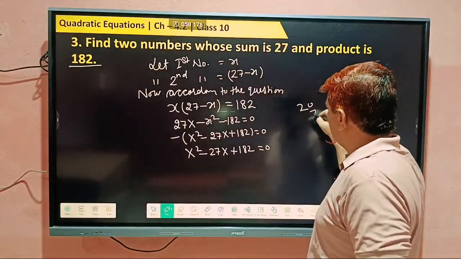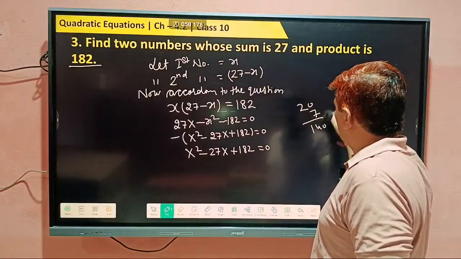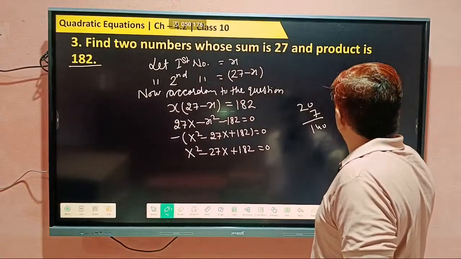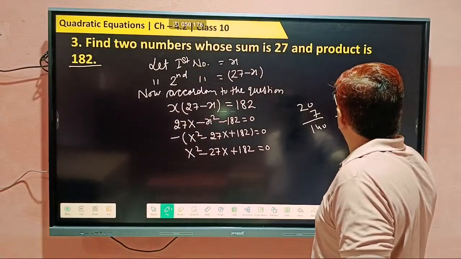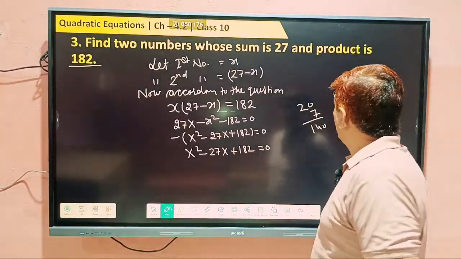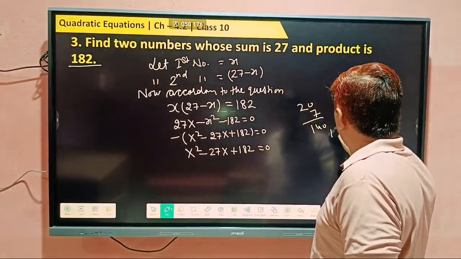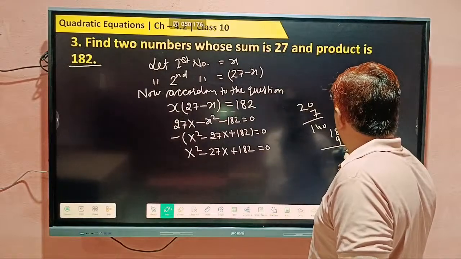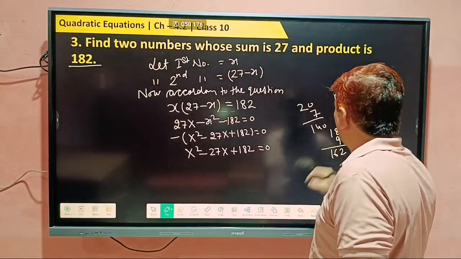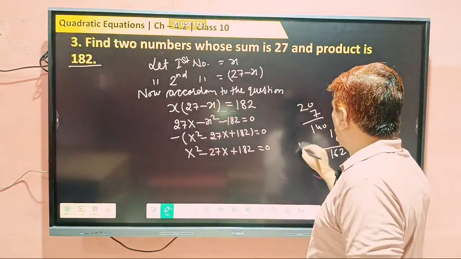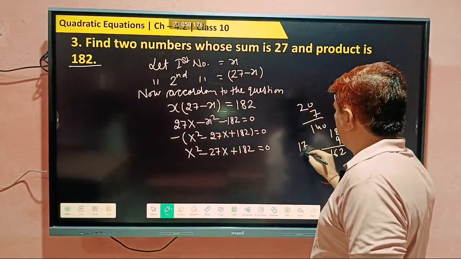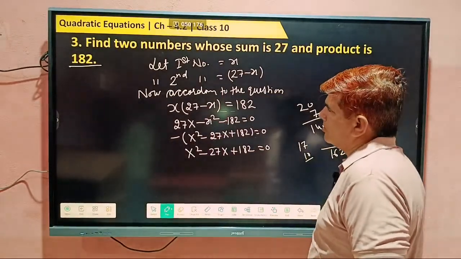20 plus 7, 140. 19 plus 8. Understood? So 18 into 9. 17 into 9, 10, 270.